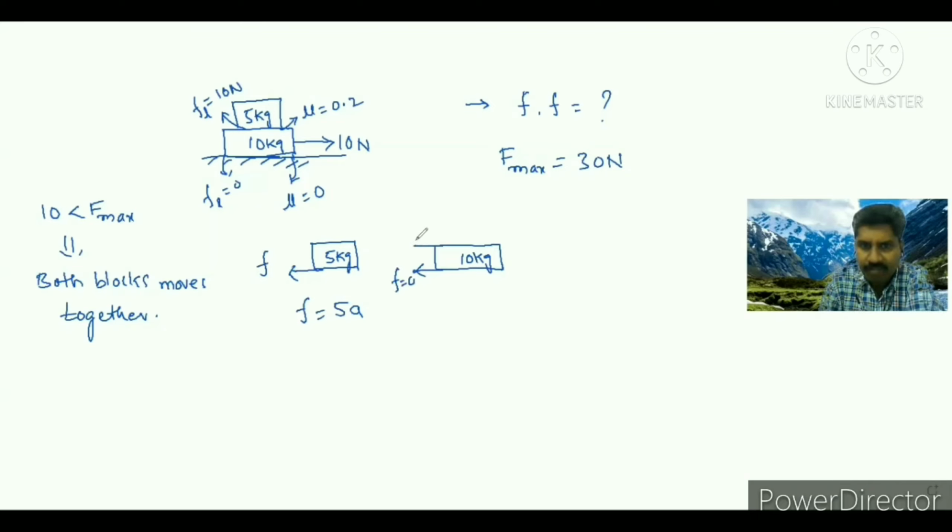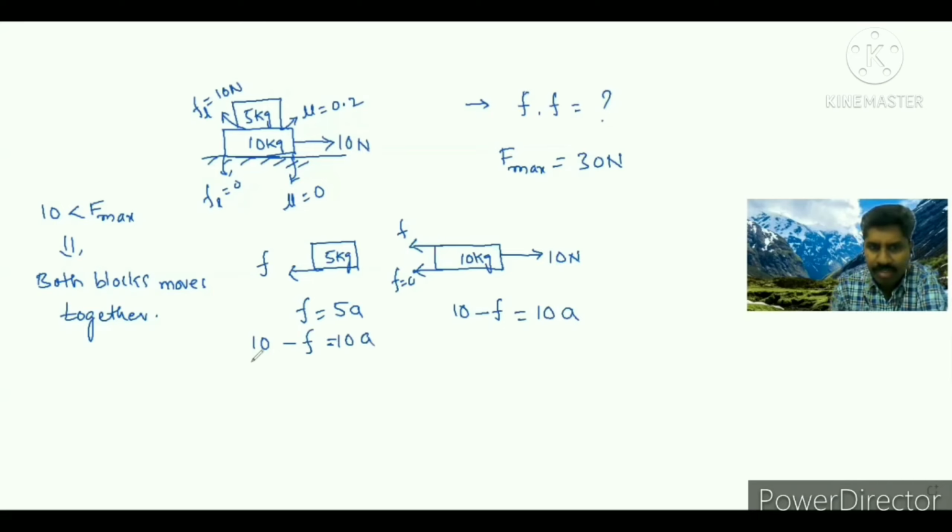So we need to calculate F. The applied force is 10 newtons, so 10 newtons minus the friction in the opposite direction is equal to M, 10 kg into A. To solve these two, I will write this equation: 10 minus F is equal to 10A. From these two equations, the F terms will cancel.